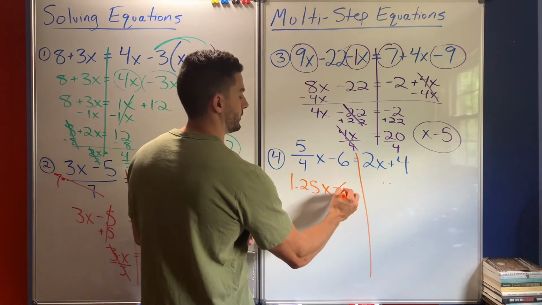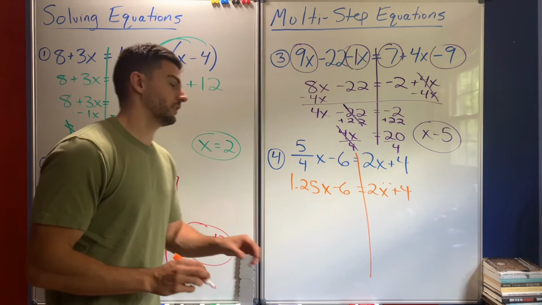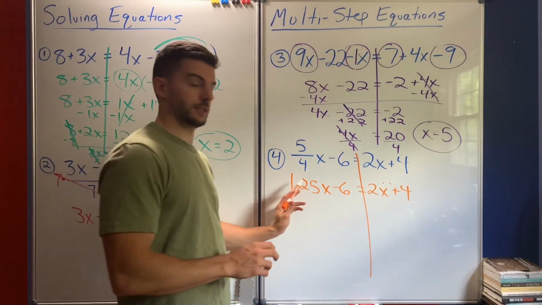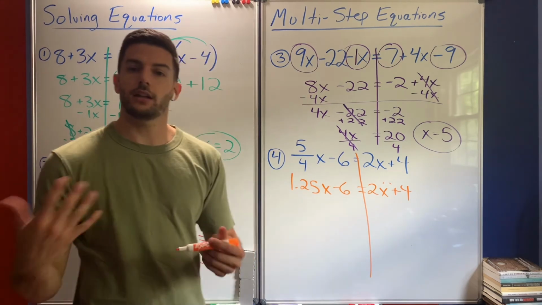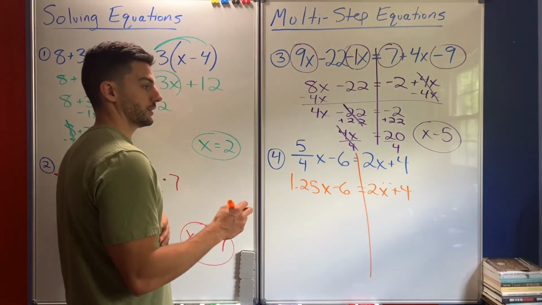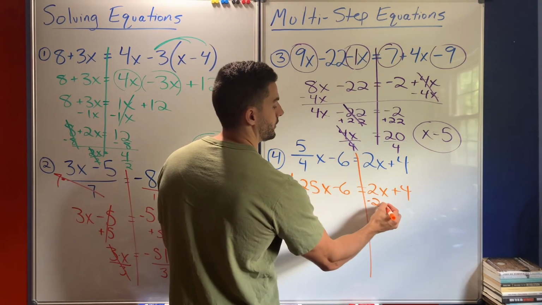And then you can just rewrite the rest. So anytime I see an individual fraction, not a big one like this, but an individual fraction like this, that's just a kind of a coefficient, I like to change it to a decimal. Oftentimes that makes it a lot easier to know what to do. And so now that I changed that, now I can start to cancel, and I am going to do minus 2x like I said.